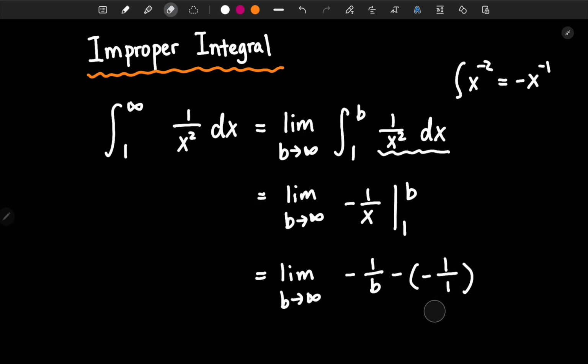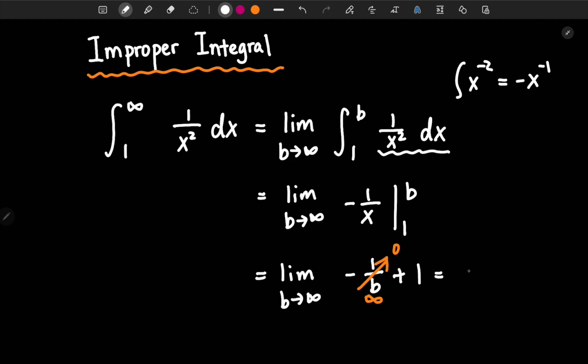So let's simplify this. Minus minus becomes plus 1. And as b goes to infinity, 1 over infinity becomes a very small number close to 0. So we know that part is equal to 0.